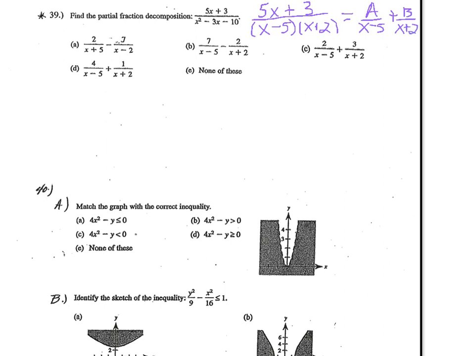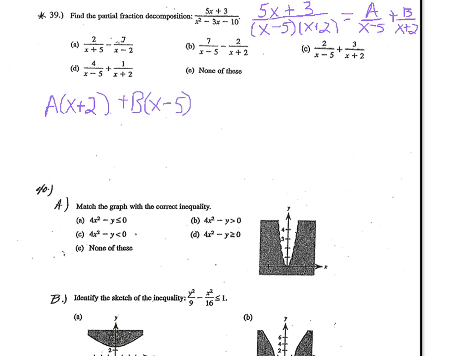And now we need to multiply A over (x minus 5) by (x plus 2) over (x plus 2), and we need to multiply B by (x minus 5) over (x minus 5), because if we were to add these two fractions together, we would need common denominators. So we have A times (x plus 2) and we have B times (x minus 5).